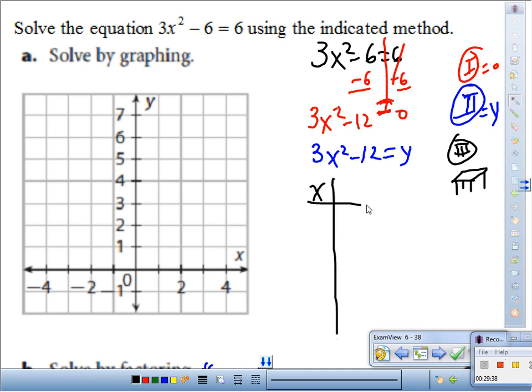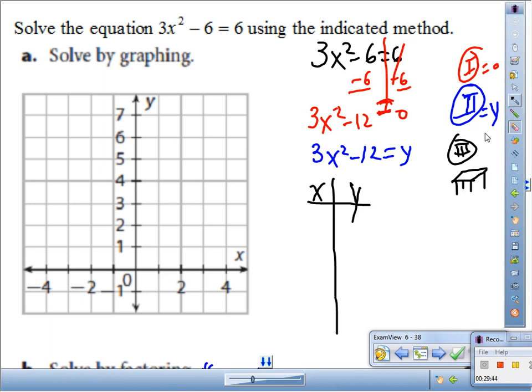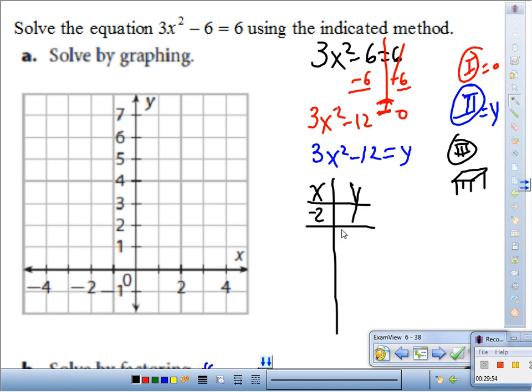X, Y. You guys didn't see it? All right. And which values? Let's see, Aldo, for X: negative 2, negative 1, 0, 1, 2.